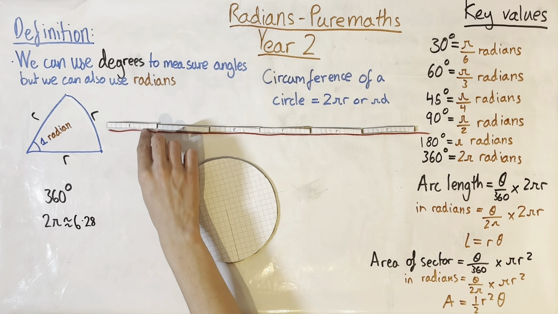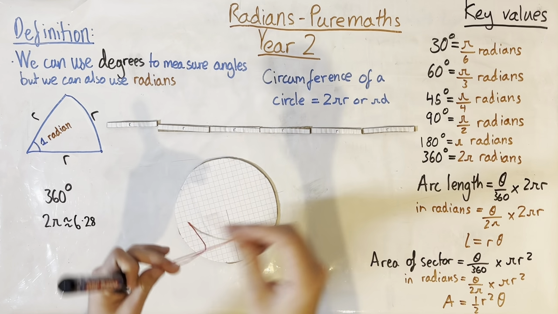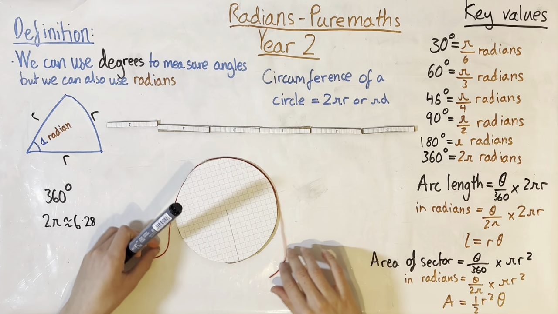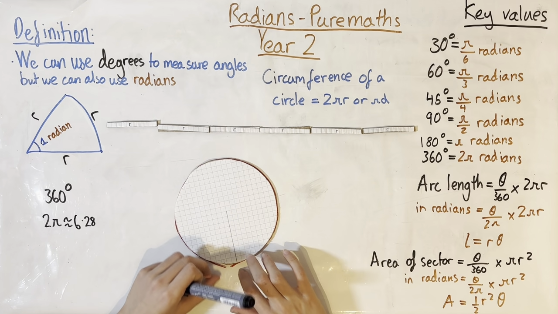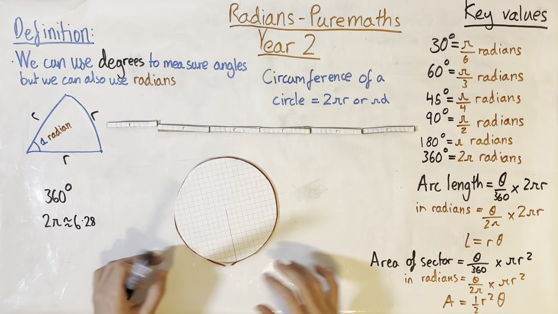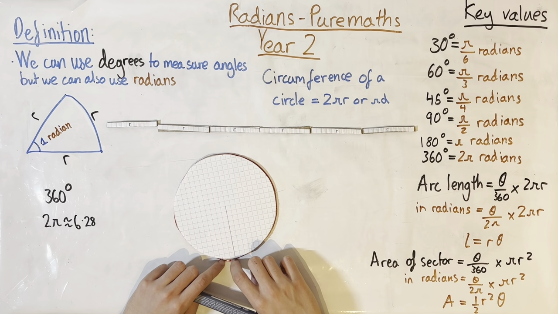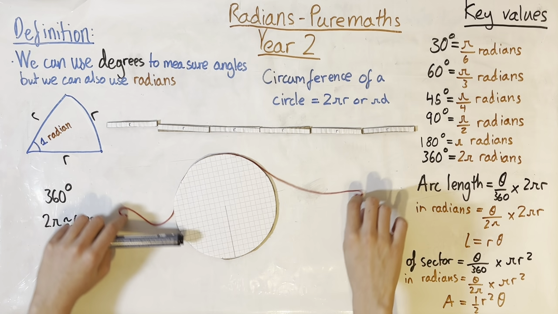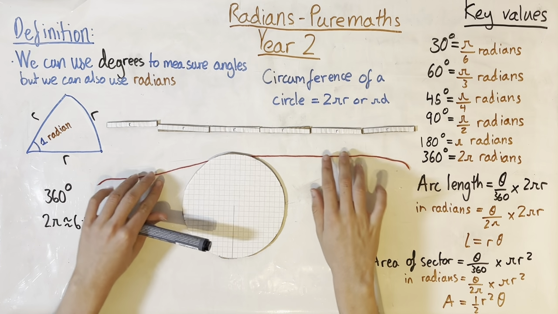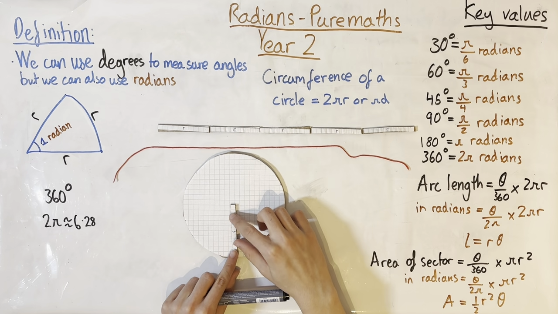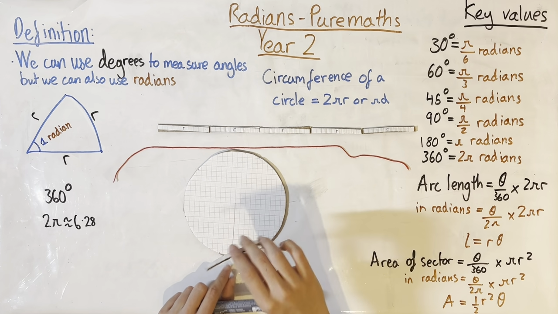Well, we can take this piece of string that we have here, and we can wrap it around the circle. It's not quite as neat as I'd hope it to be, but we can see that this essentially is our circumference of the circle, and each of these is equivalent to the radius of the circle.